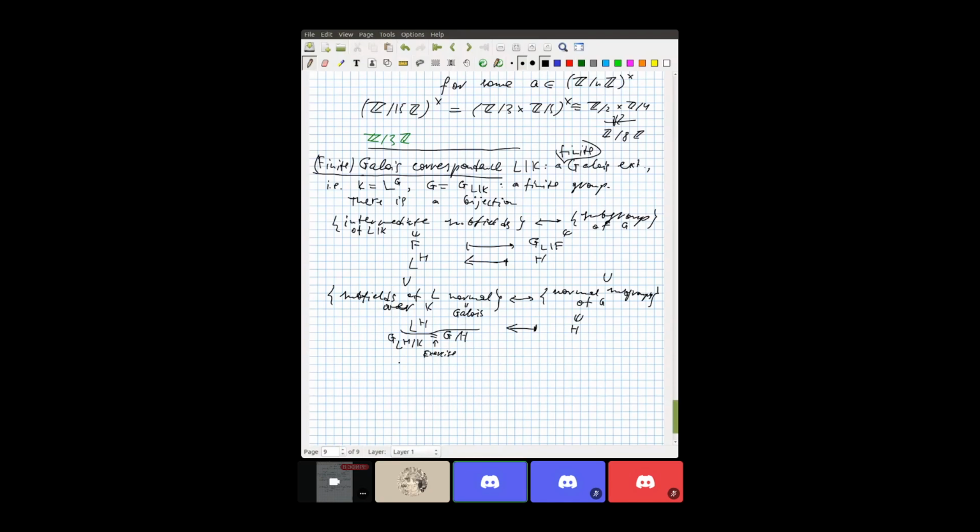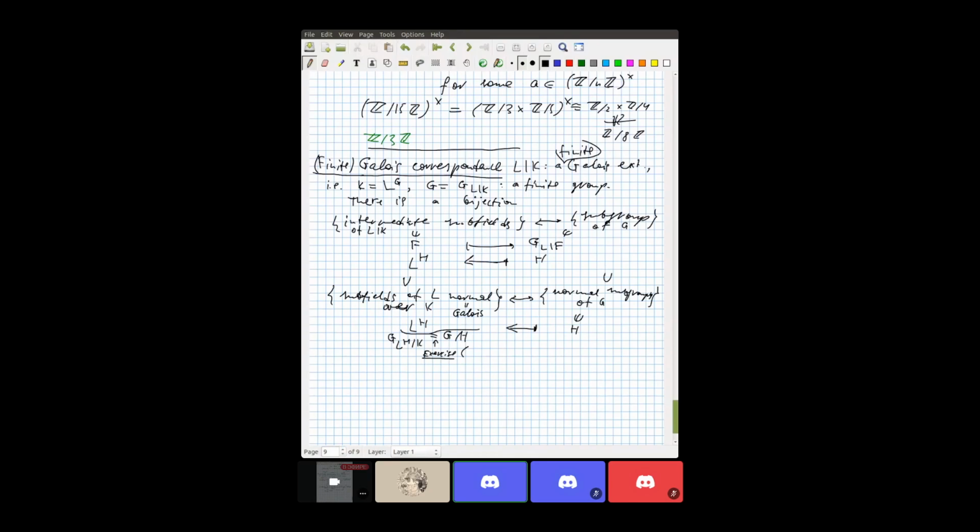Because you see, this follows from what we have checked at a certain point: if we know that our extension is normal, then any automorphism of this extension extends to any bigger normal extension.